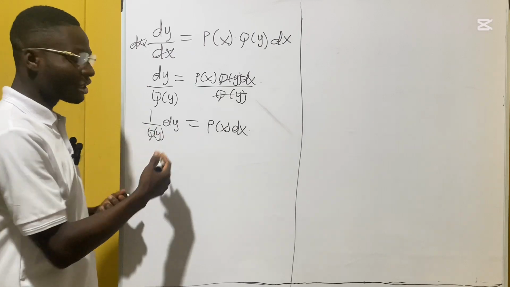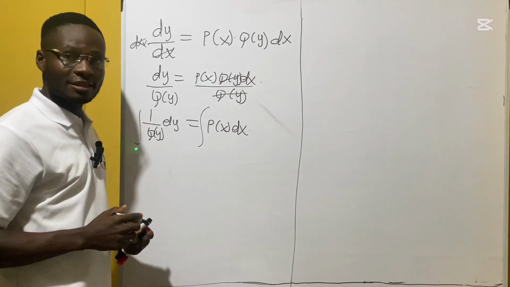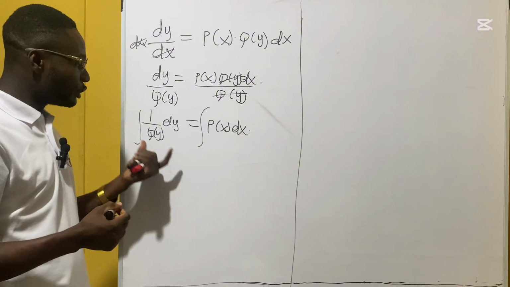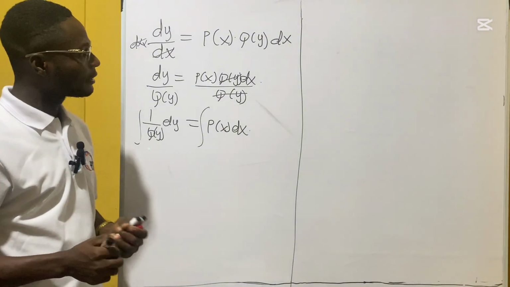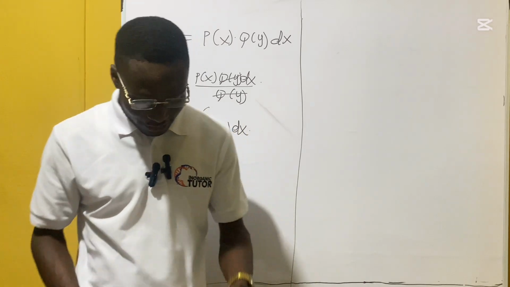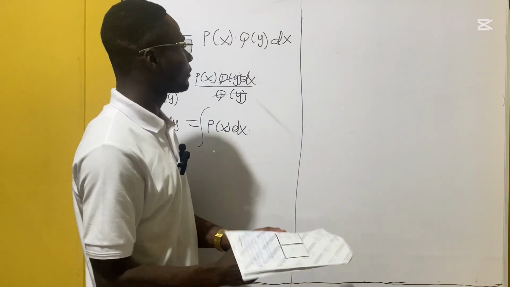Now you can go ahead and integrate both sides of this, then make y the subject if possible. So let's look at a problem under the separable method.